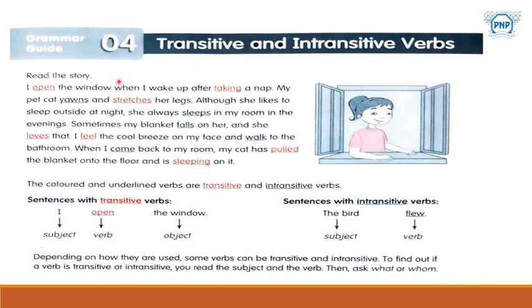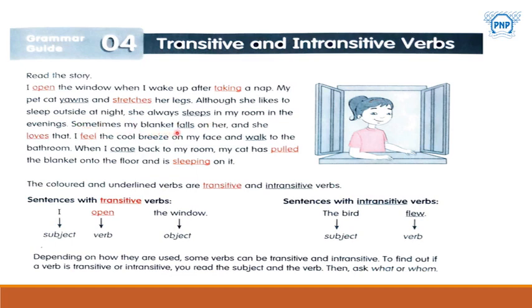Let's begin the lesson. To understand transitive and intransitive verbs, let's read one small story. I open the window when I wake up after taking a nap. My pet cat yawns and stretches her legs. Although she likes to sleep outside at night, she always sleeps in my room in the evenings.